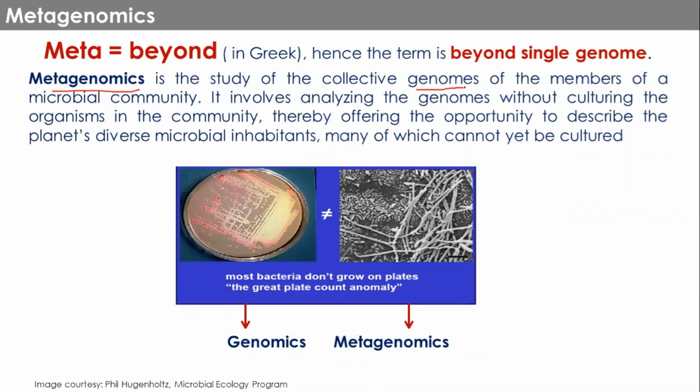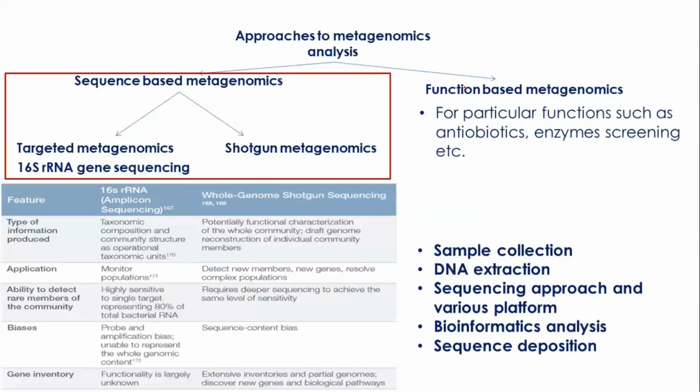So you take the sample, you do the DNA extraction, and then you sequence it. Once you sequence, you will get to know what different kinds of microorganisms are present in that particular area. Two different approaches are taken in metagenomics. First is sequence based metagenomics, and second is function based metagenomics.